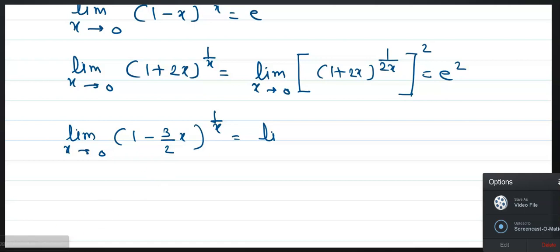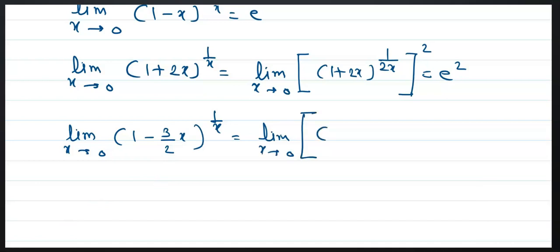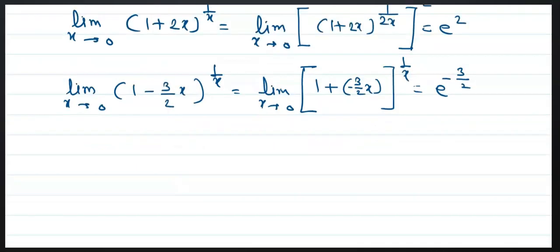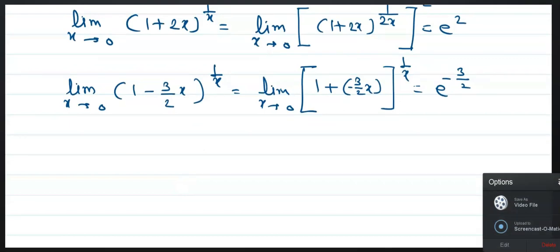Now what is the coefficient of this x? The coefficient of this x is minus 3 by 2, and hence the answer is e raised to minus 3 by 2.